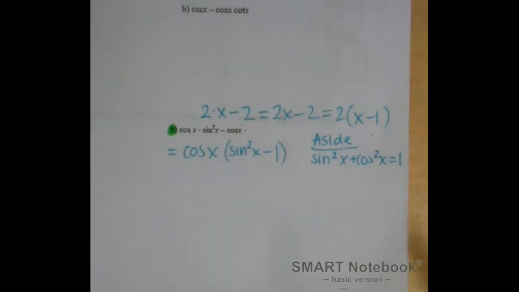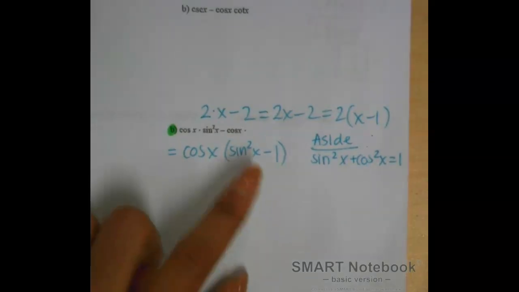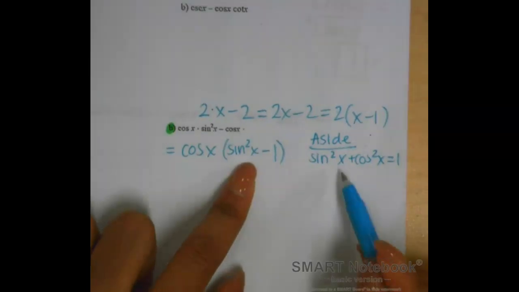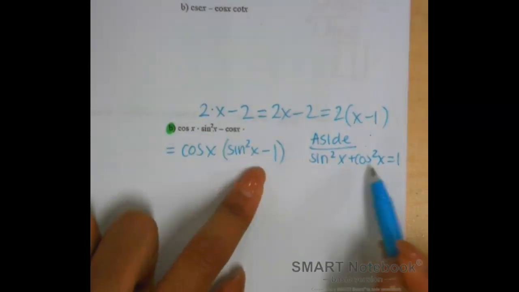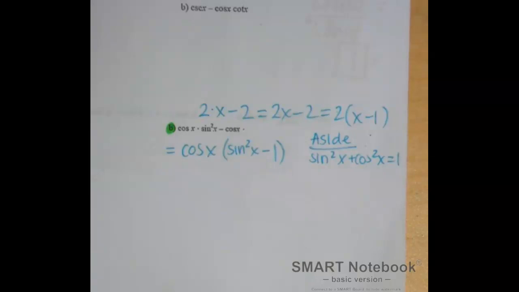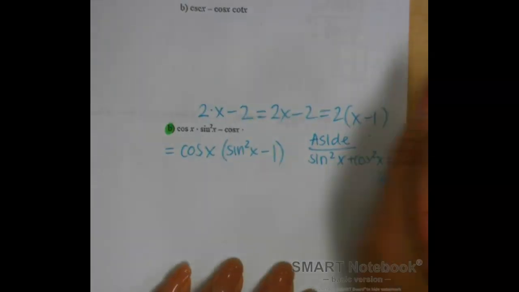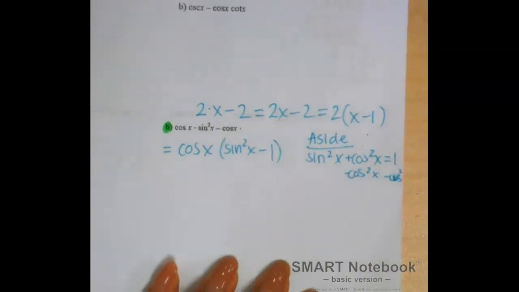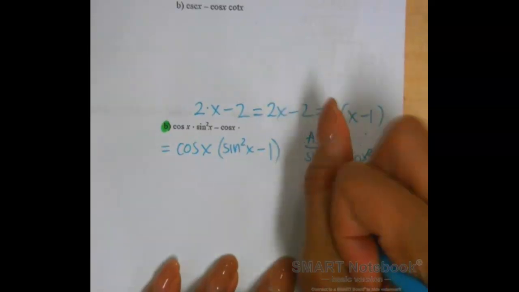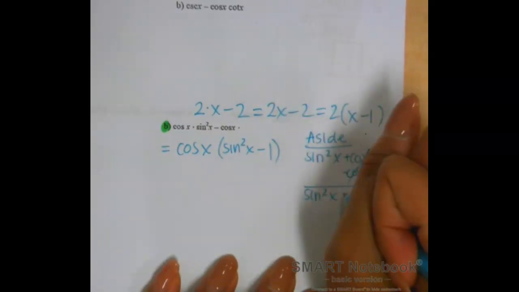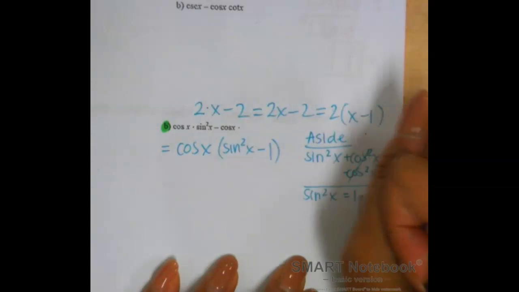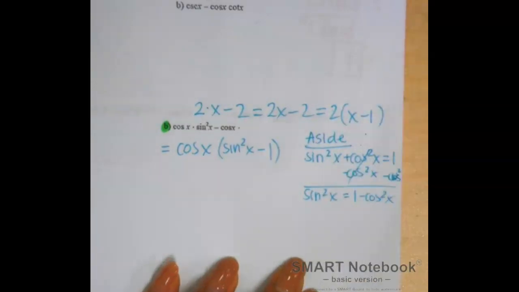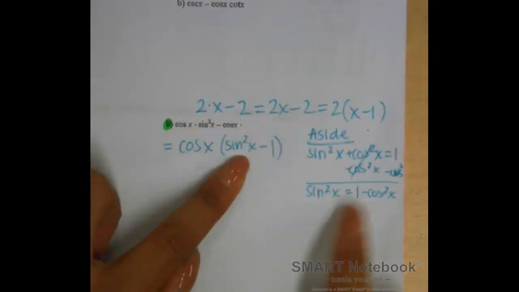Yeah, okay, cool. So now, Valerie S., I'm going to bother you still. How do I get this equation to look like this? What would I need to do? Cosine squared. That's cosine squared on both sides. Sorry, I ran out of space. So we're going to have sine squared x equals 1 minus cosine squared x. Okay, it almost looks like this, but I need to move one other thing.